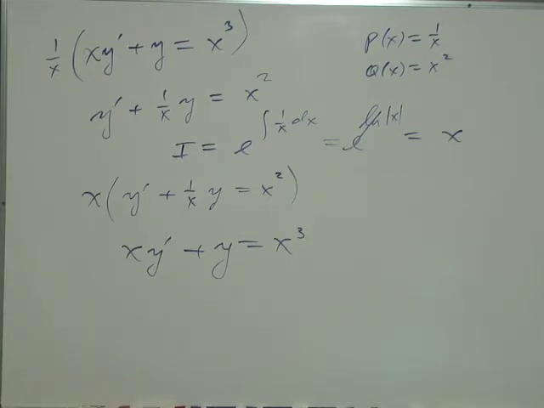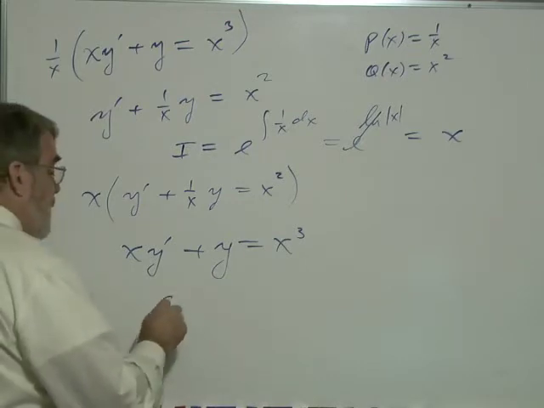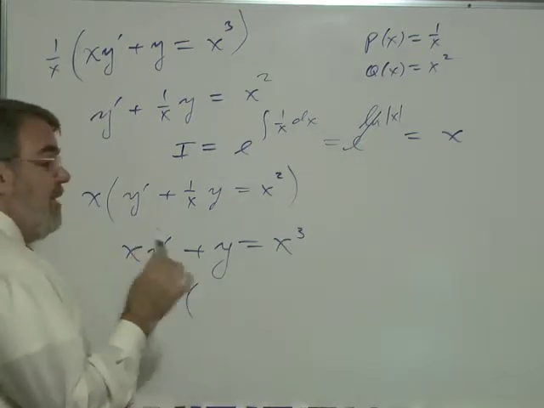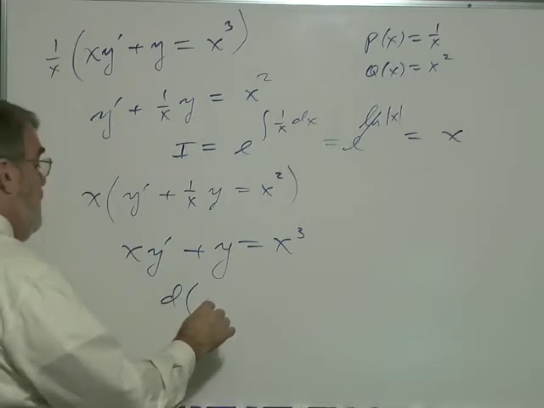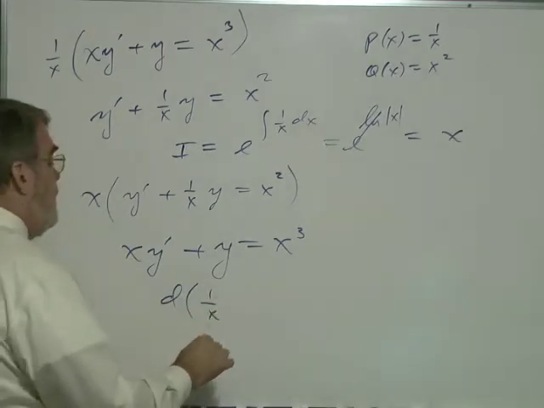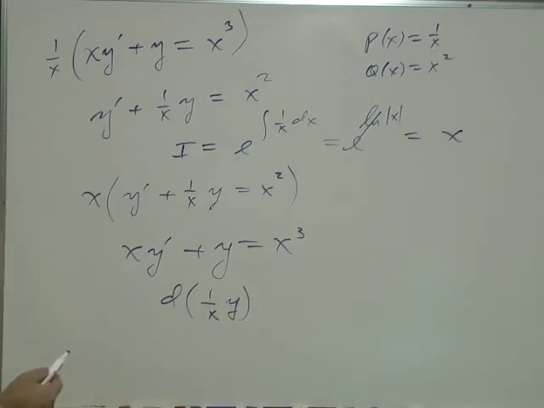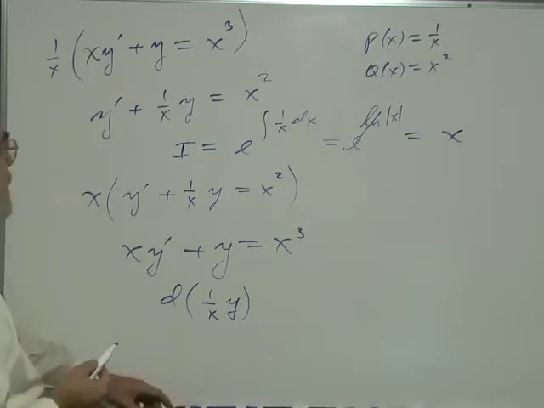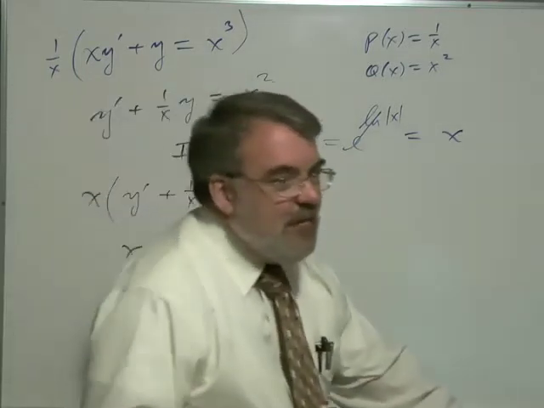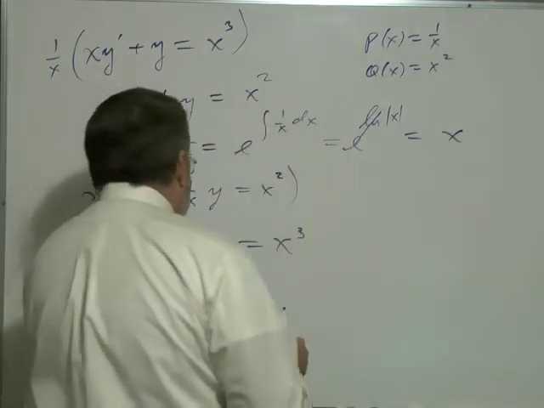Now, here's the idea. The left side should be the derivative of the integrating factor times y. Oops, and the integrating factor is not 1 over x. Sorry about that.